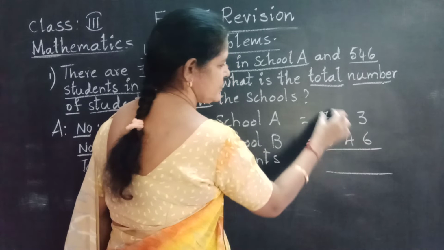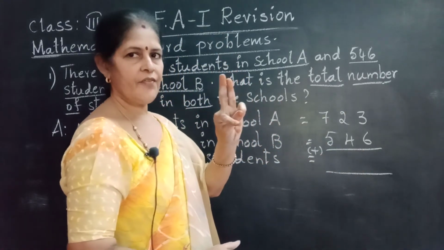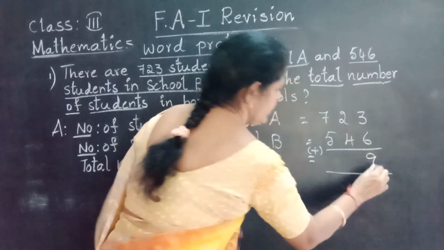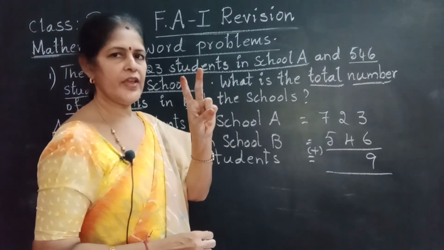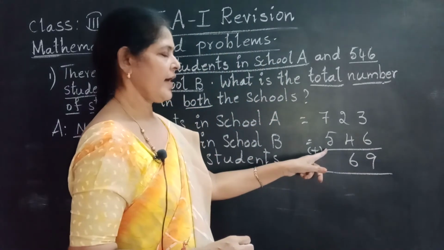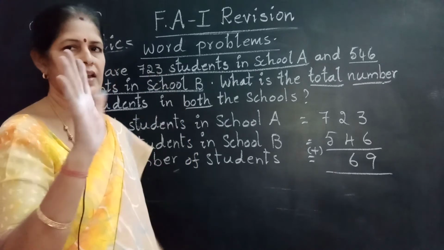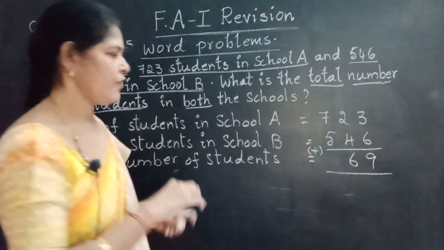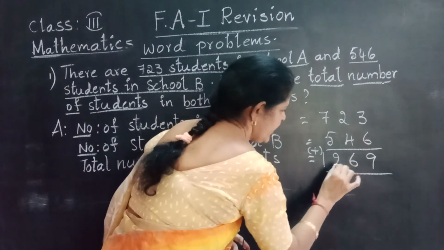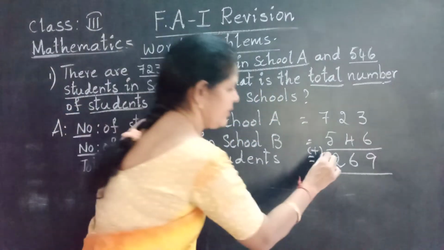Ones, tens, hundreds. 3 plus 6. 6 after 7, 8, 9. 2 plus 4, take 2 fingers, 4 after 5, 6. Now add hundreds. Take 7 fingers, 5 after 6, 7, 8, 9, 10, 11, 12. Total number of students are 1269.